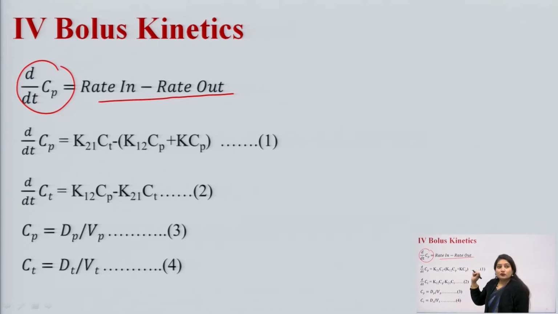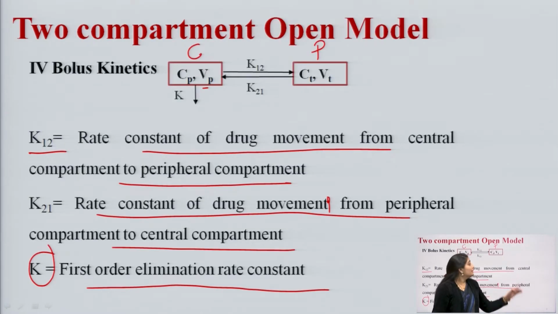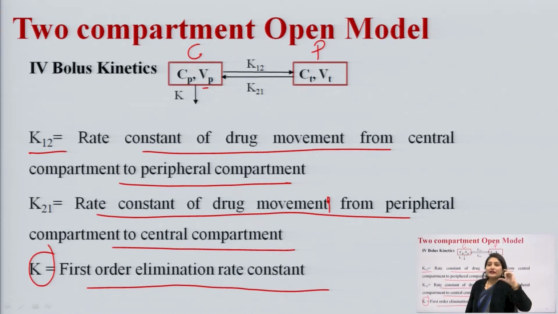Okay. So, if we talk about the plasma drug concentration in the central compartment, its rate of change will be equal to the rate at which the drug is reaching this central compartment minus the rate at which the drug is leaving from this compartment.